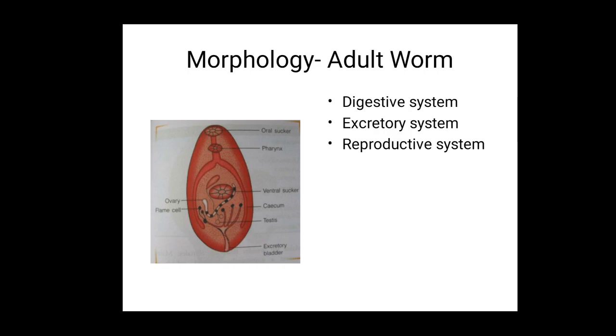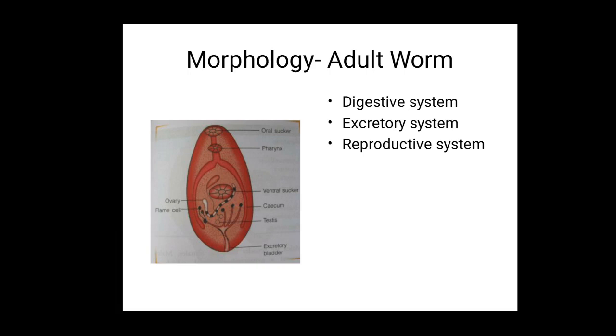Coming to the morphology of the adult worm, you have seen that the worm is flat, leaf-like. If you look at its digestive system, it starts with an oral sucker and a pharynx, and a ventral sucker is here.